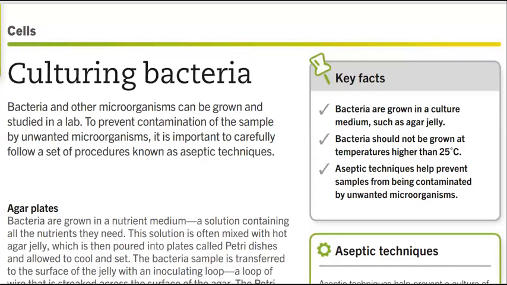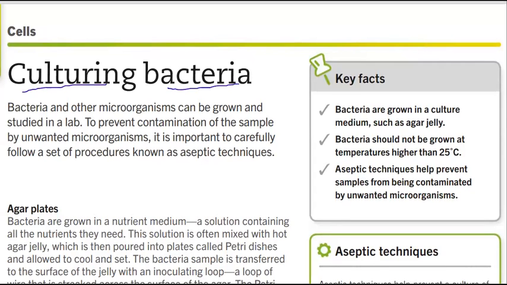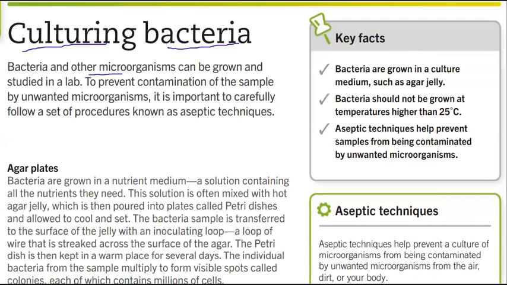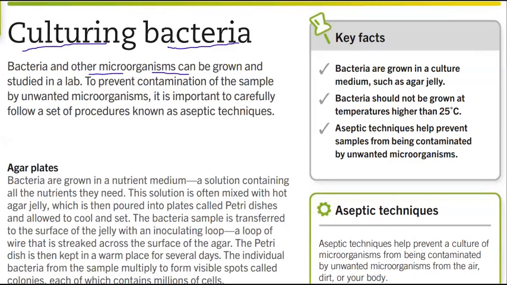Next, culturing bacteria. Bacteria and other microorganisms can usually be grown and studied in a lab. To prevent contamination of the sample by unwanted microorganisms, it is most important to carefully follow a set of procedures known as aseptic techniques.